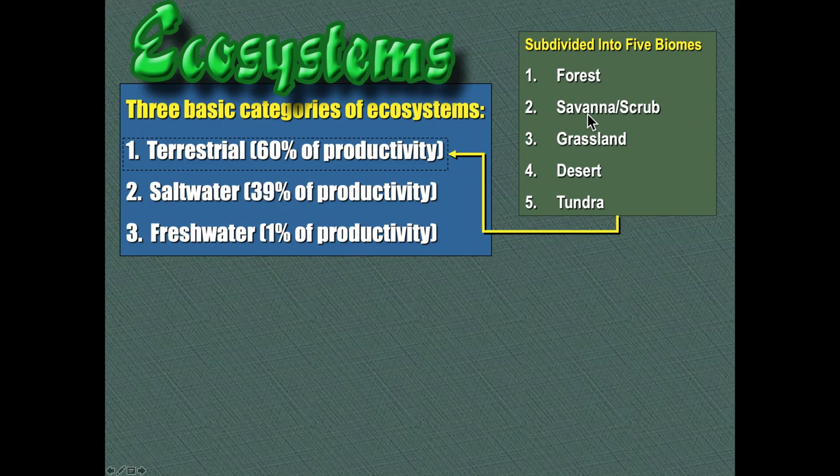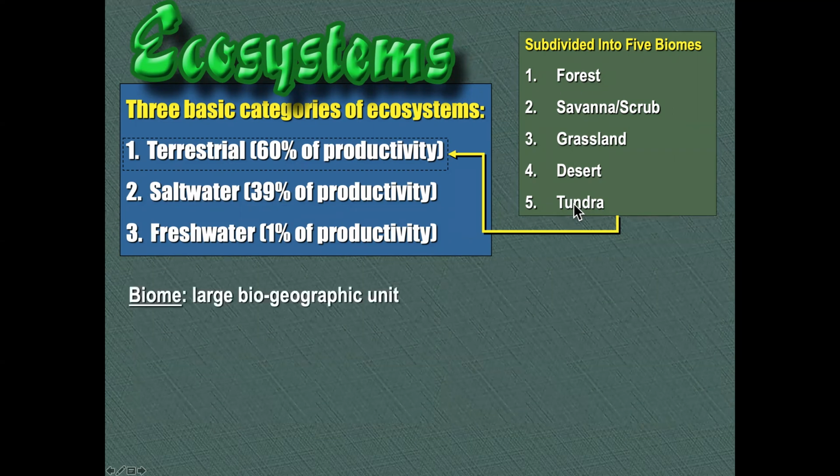Savanna or scrub, this is what you find on either side, usually of a tropical rainforest. A grassland, think about the states of Kansas, eastern Colorado, Oklahoma, West Texas, Nebraska would fit this definition. Desert, that's pretty obvious, I hope. And tundra, those are places that are very, very cold and where the ground is usually permanently frozen.